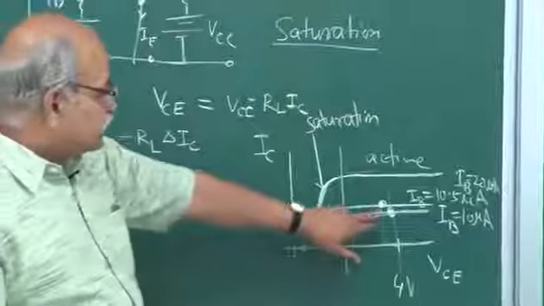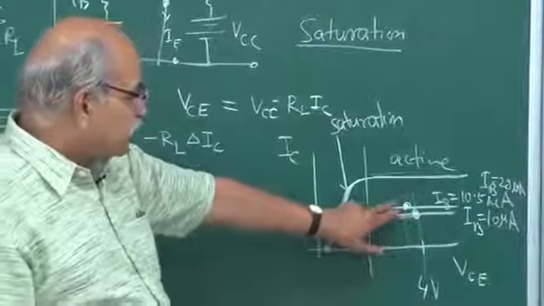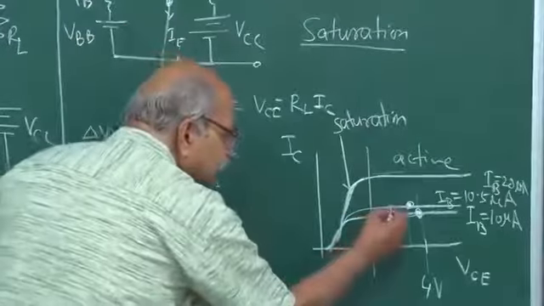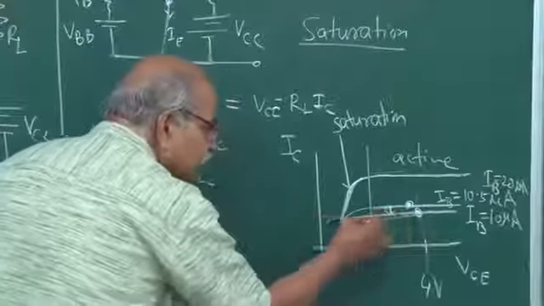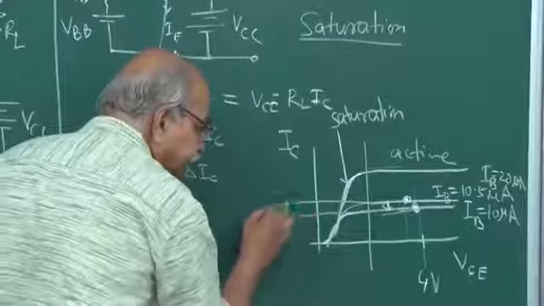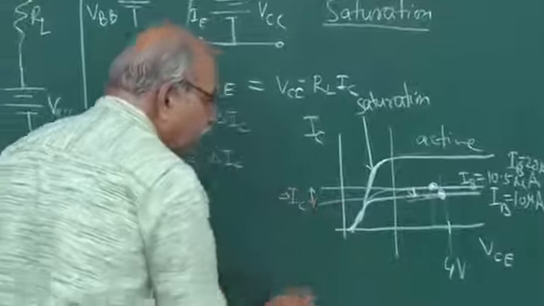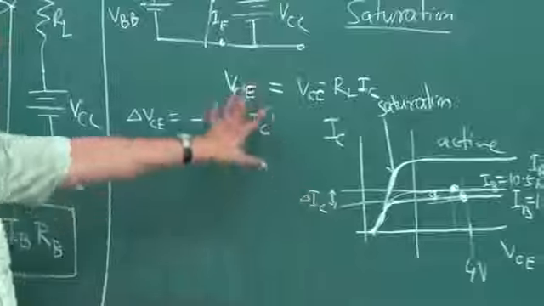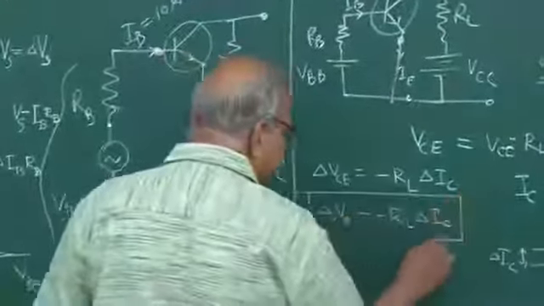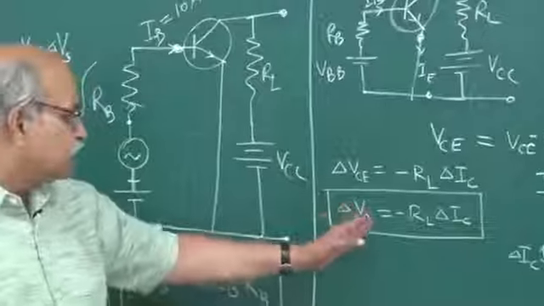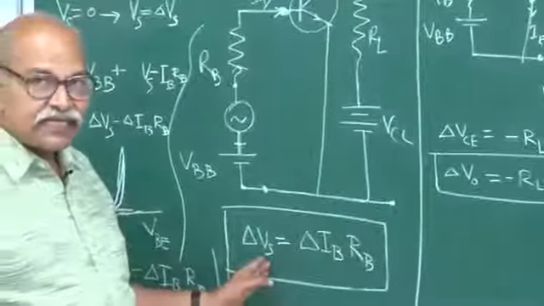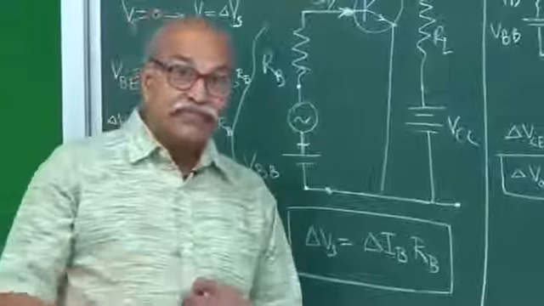So, IC has changed from here to here, and the change in IC, this is our delta IC. Okay, IC was this much and now IC is this much. So, this is delta IC. This is how things will work, and if I divide this delta VO by this delta VS, I will get the voltage gain.